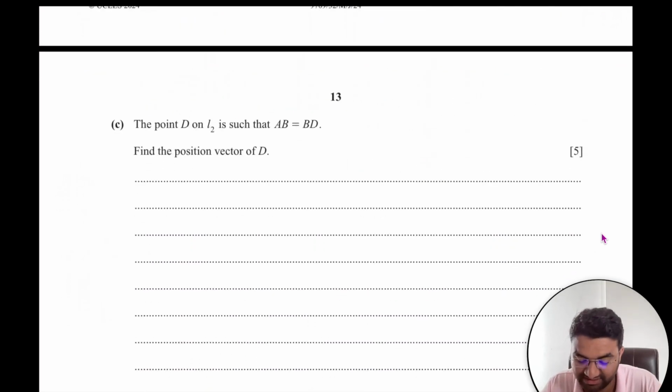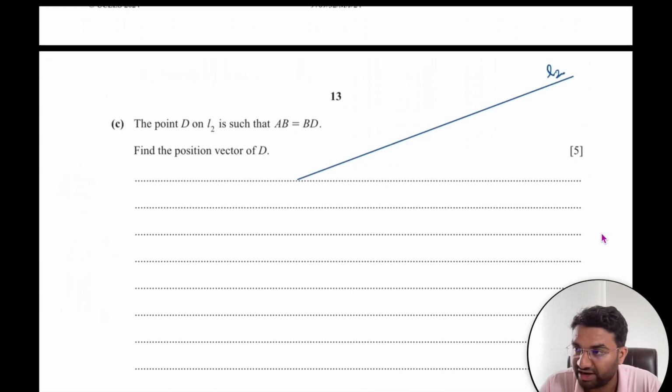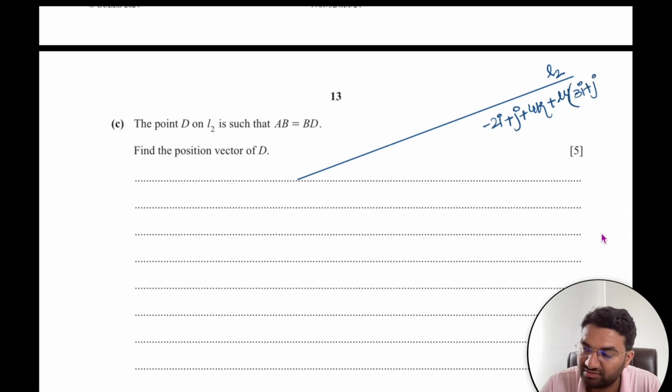That's it. I hope you are getting it. Then the next part is the point D on L2 such that AB is equal to BD. We have L2. I will write the equation of L2 as negative 2i plus j plus 4k plus mu times in a bracket 3i plus j minus 2k. This is L2. On L2 we have B and D, so D is a point, and then this is AB.